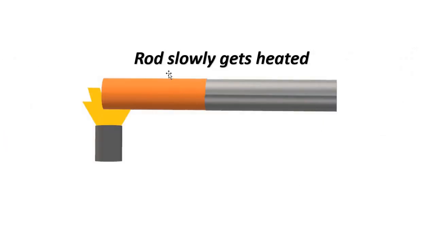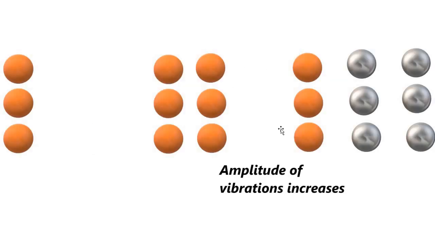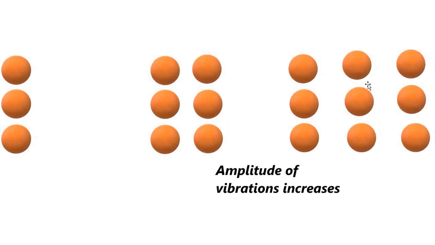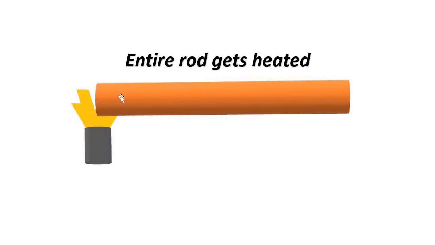As a result, the rod slowly gets heated, and these molecules collide with the neighboring adjacent molecules, and that results in an increase of their energy, and they also start vibrating or oscillating with increased amplitude, and as a result, slowly the rod gets completely heated.